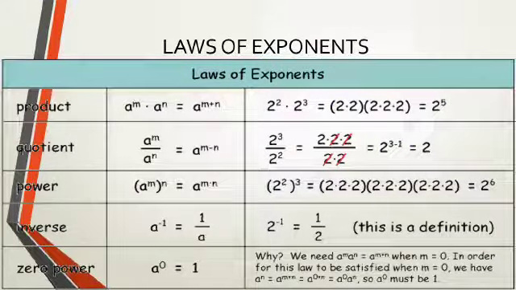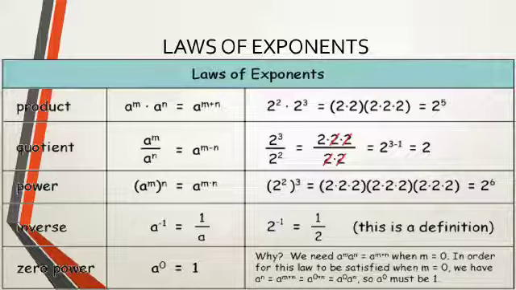Laws of exponents. See here, if we have to find the product of two exponents, a^m into a^n equals a^(m+n). For example, 2^2 into 2^3 equals 2 into 2 into 2 into 2 into 2 equals 2^5.